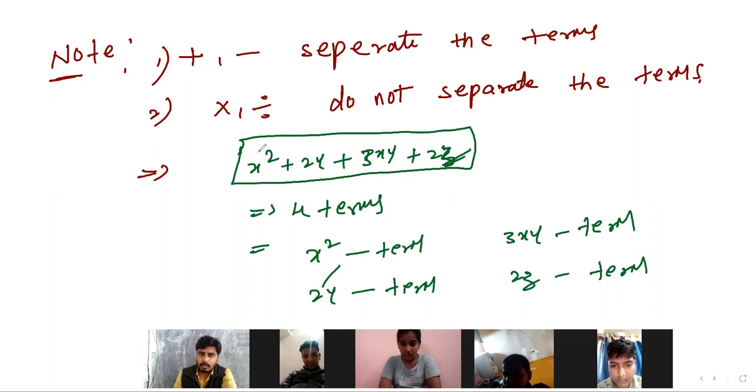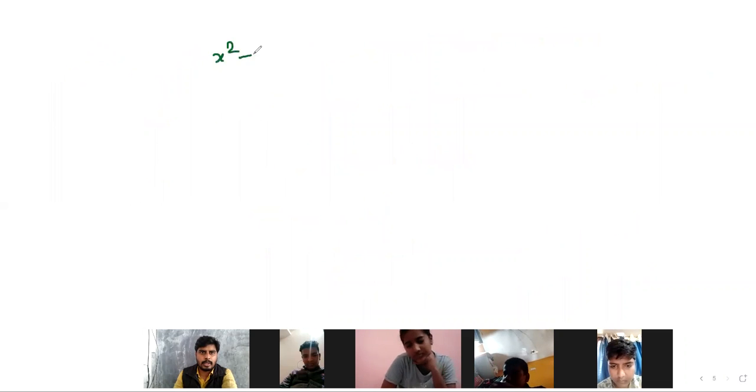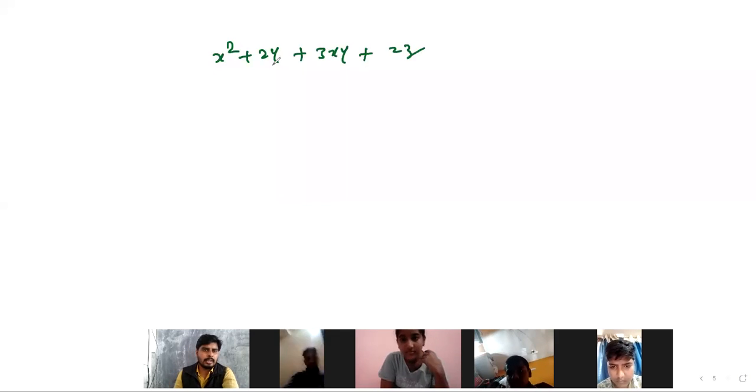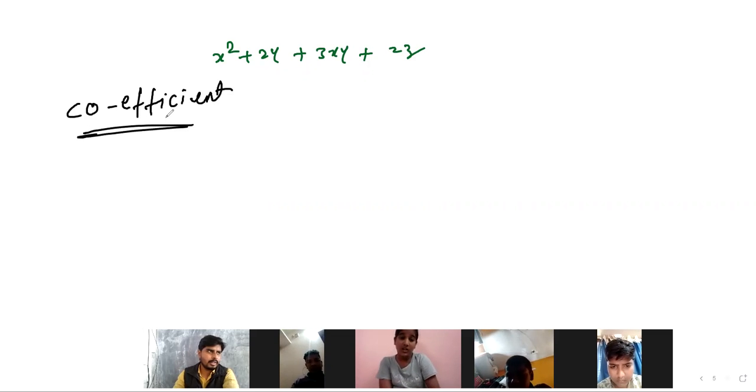Okay. In x square plus 2y plus 3xy plus 2z, we need to know one more concept, coefficient. Coefficient is nothing but a number, or sometimes we indicate it with an alphabet also.